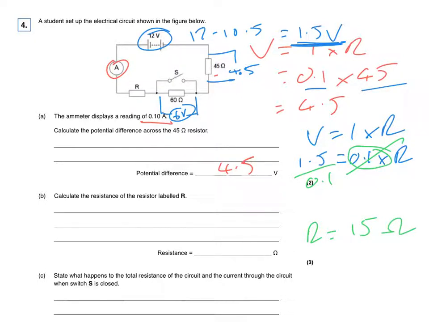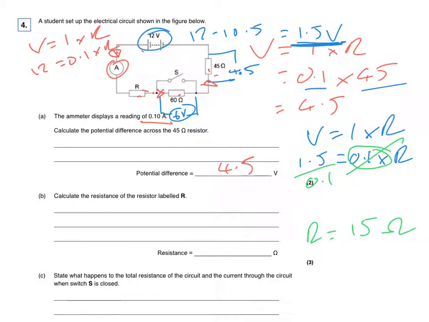The other way of doing this is treating the resistors in series as one resistor, or the total resistance of the circuit. And we'll do that over this side. The total resistance of the circuit can be found because we know the total potential difference. We know the current flowing through all of them. Like I said before, it's 0.1 all the way through.